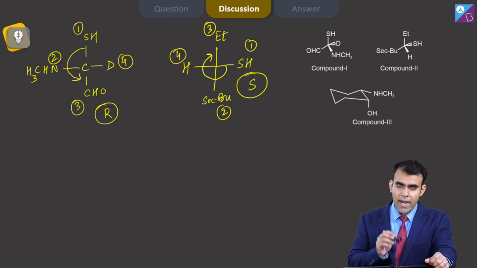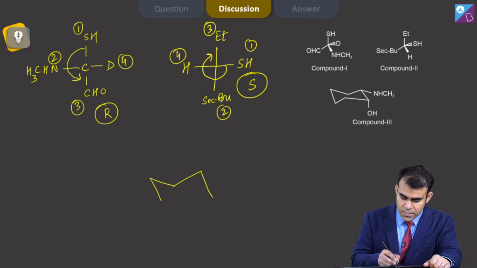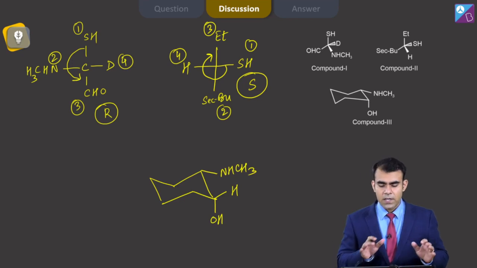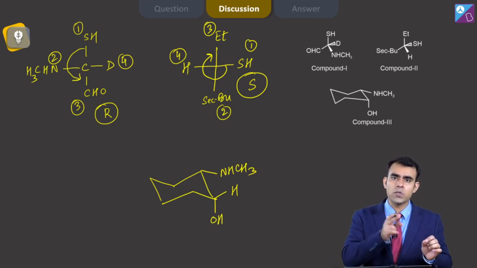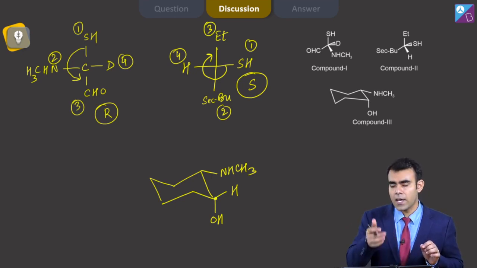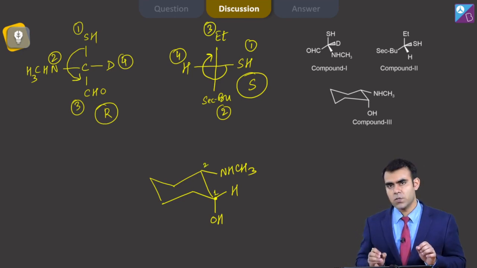Now if we look at compound 3, then we have this structure. We have H here, and here we have NHCH3. First thing is, we have to determine their R/S configuration, and we have to do the numbering through IUPAC convention, and you know by IUPAC OH is on higher priority, so this carbon is 1 and this carbon is 2.